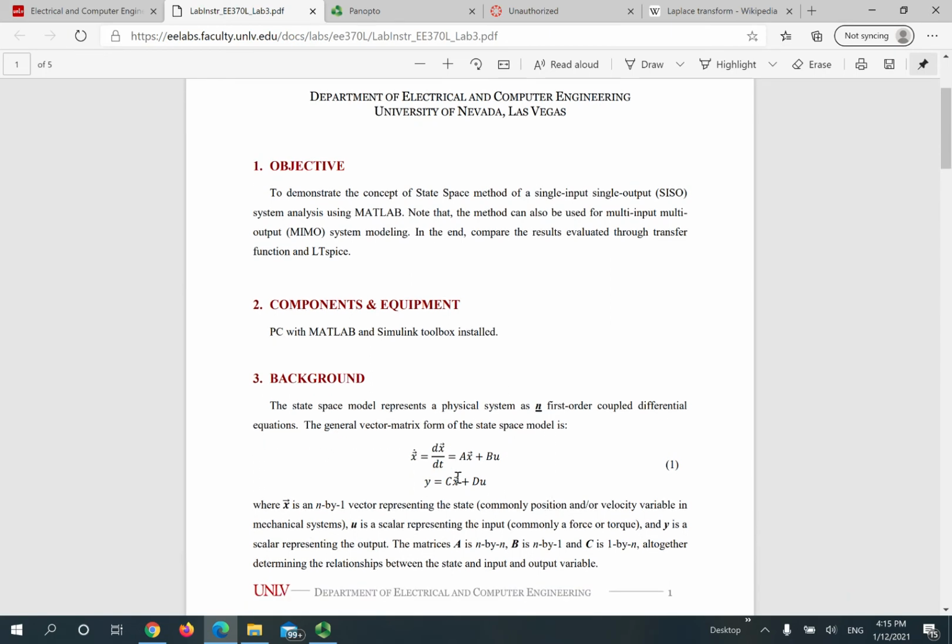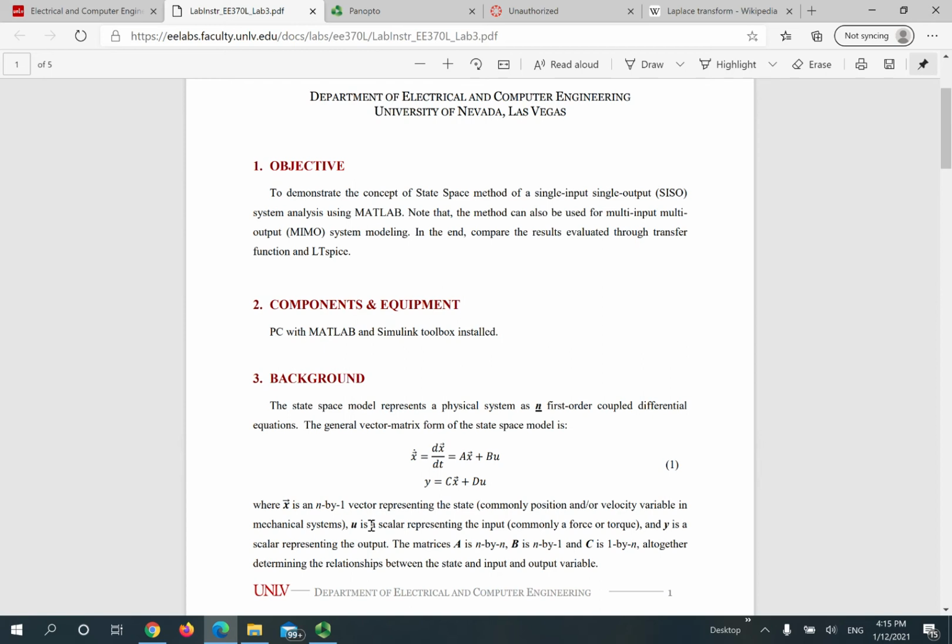X is an n by 1 vector, where n is the number of total variables in the system, and U is a scalar representing the input, commonly a force or a torque, like a step input or an impulse input.